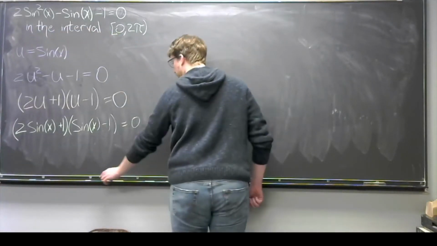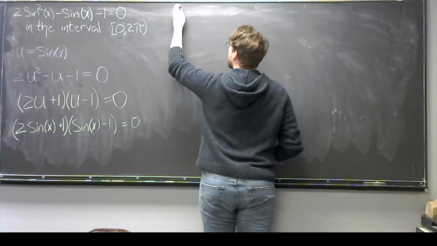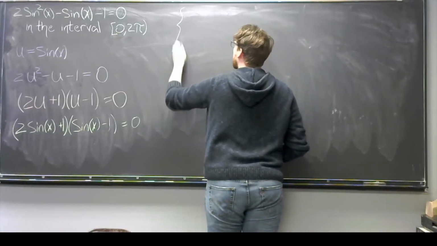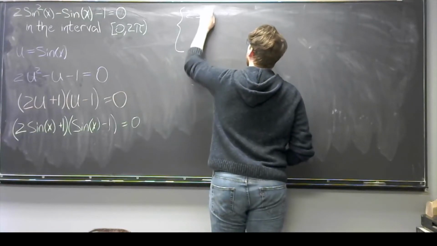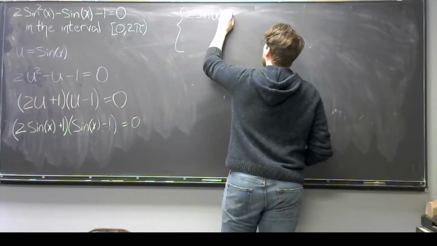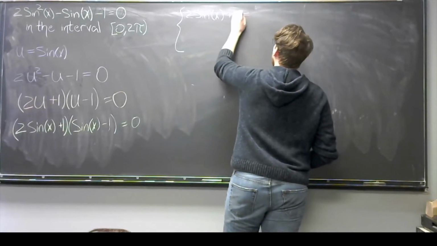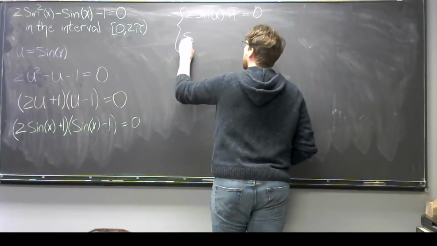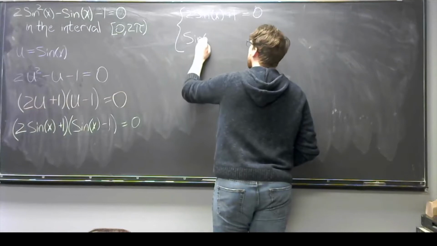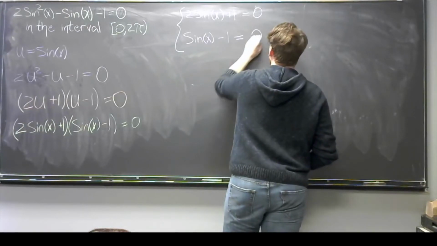It's also telling us that 2 sine x plus 1 is equal to 0, and or sine x minus 1 is equal to 0.